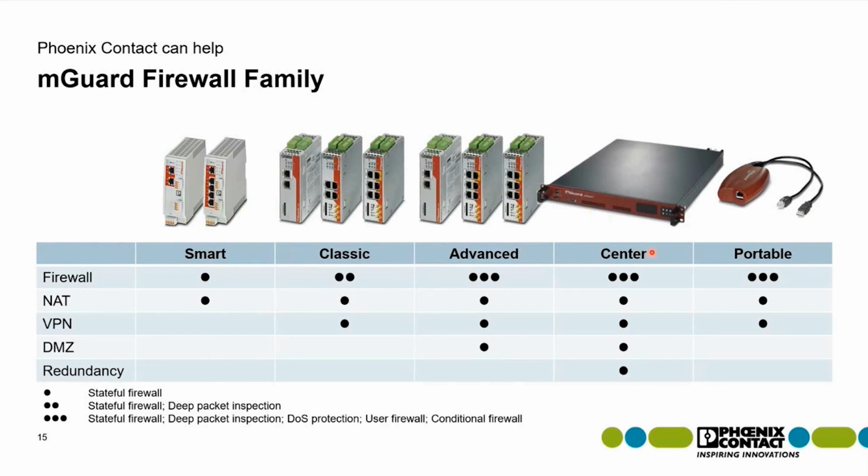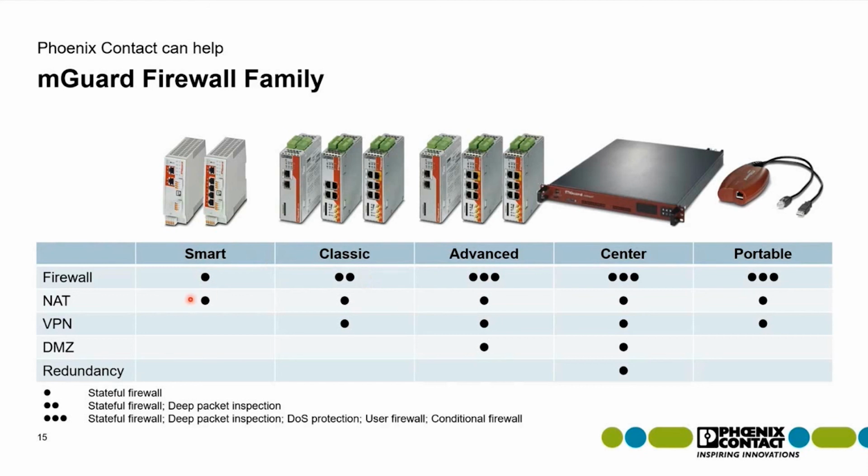These have different levels of protection: for example, a simple stateful firewall, deep packet inspection, or more advanced ones with denial of service protection, user firewall, and conditional firewall, as we mentioned today.